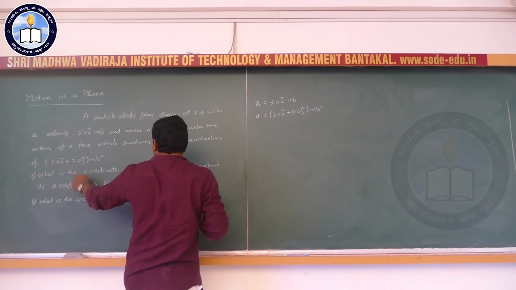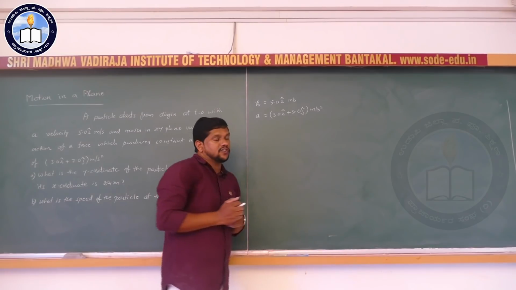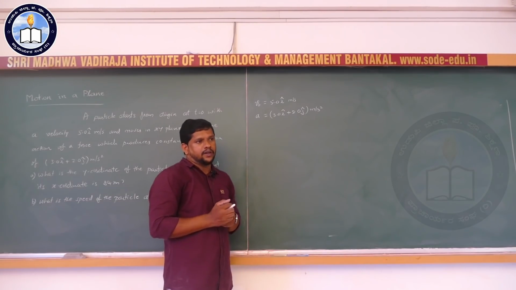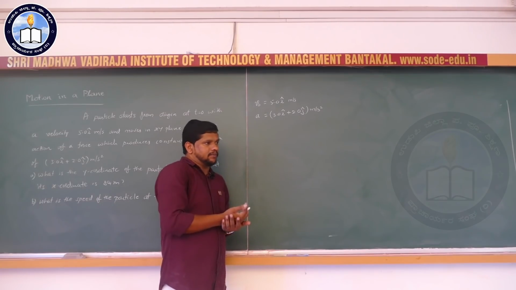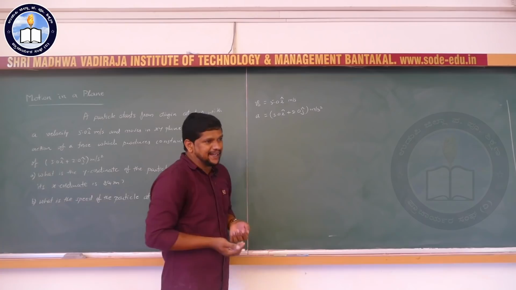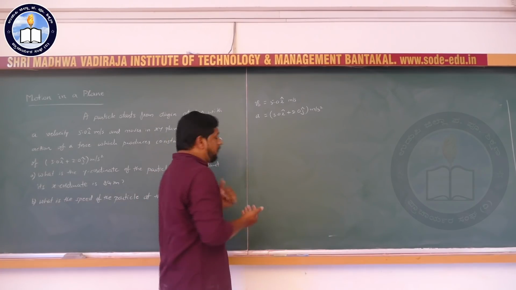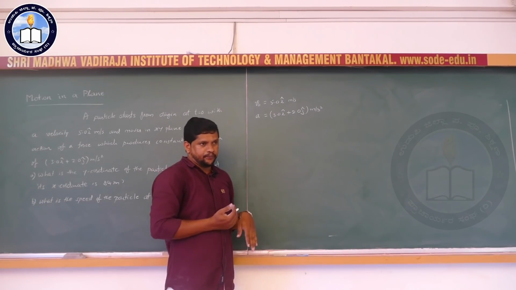He asked to calculate the y coordinate of the particle at the instant when the x coordinate is 84 meter. When the x coordinate becomes 84 meter, what will be the y coordinate? For that calculation, we need to know after how many seconds x becomes 84. If you know that, then you can calculate the y component.